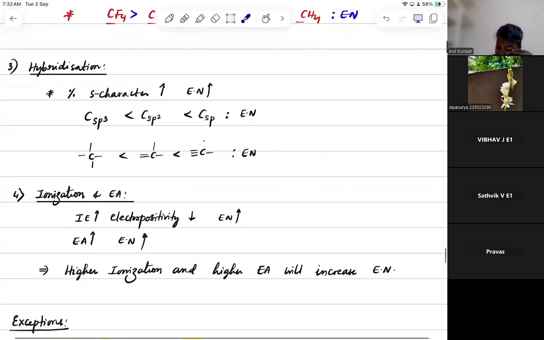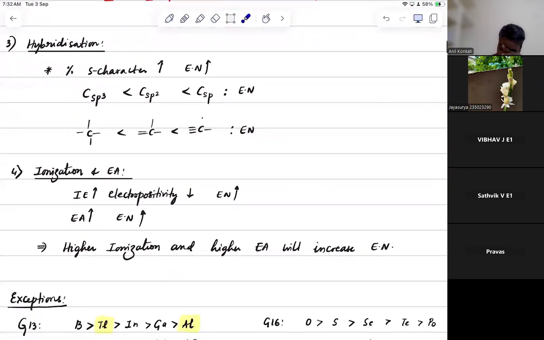The next application is hybridization, which we learned indirectly: if you have more percentage s character, electronegativity is more. Carbon with all four single bonds is sp3, with a double bond is sp2, with a triple bond is sp. So sp carbon will be more electronegative.